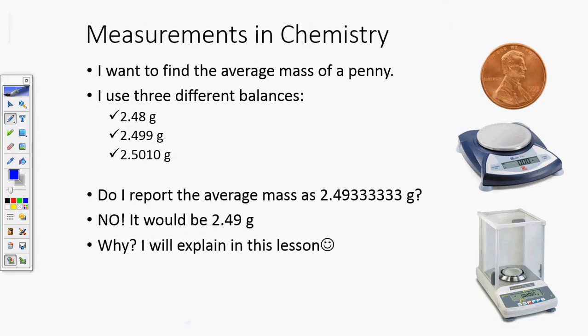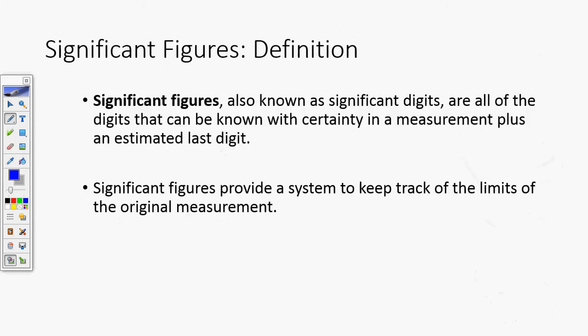So let's talk about some new examples. Significant figures is how we are going to keep track of the precision in a measurement. So for example, when I talk about the amount of precision in an instrument, I'm going to be referring to that as significant figures.